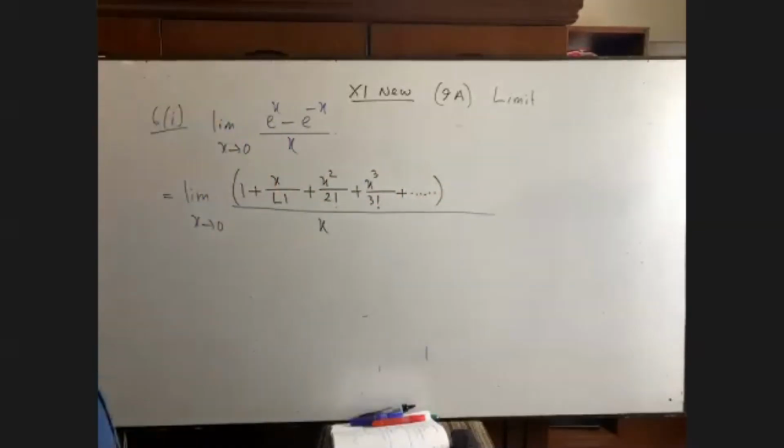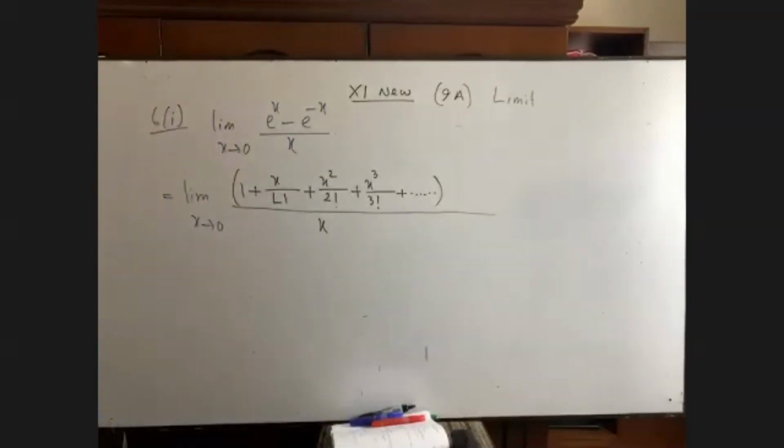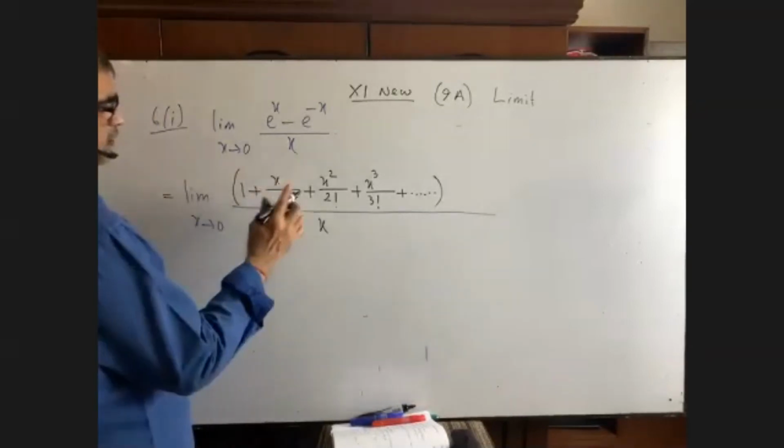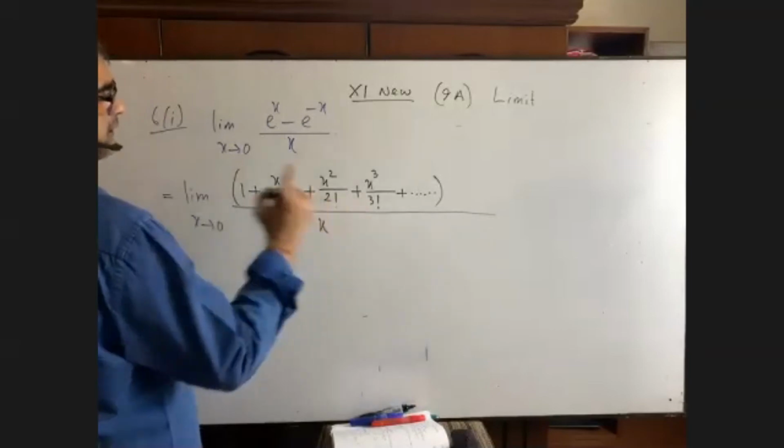The next part will be x to the power 4 by 4 factorial. Then the last part will be x to the power 5 by 5 factorial. In this way, it is an infinite series. Factorial sign, okay, very good. 1 factorial, 2 factorial, 3 factorial.